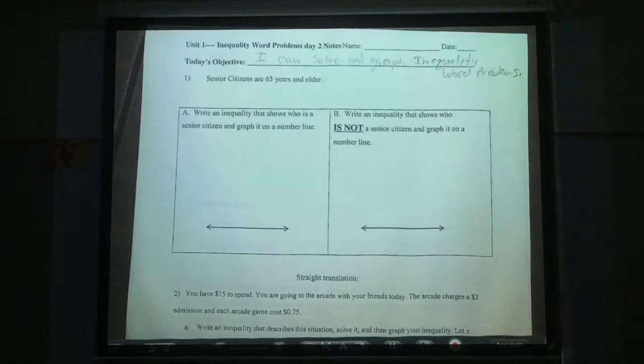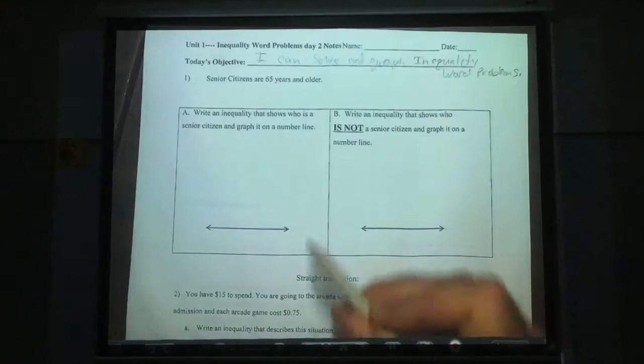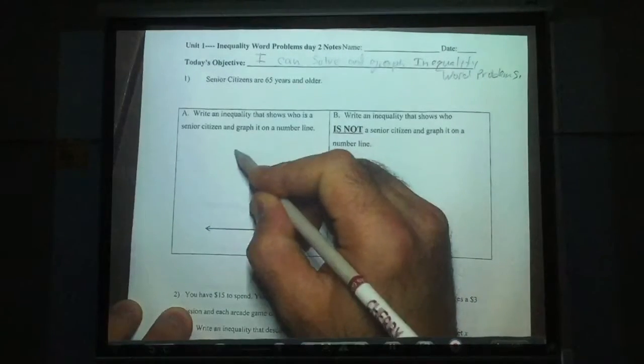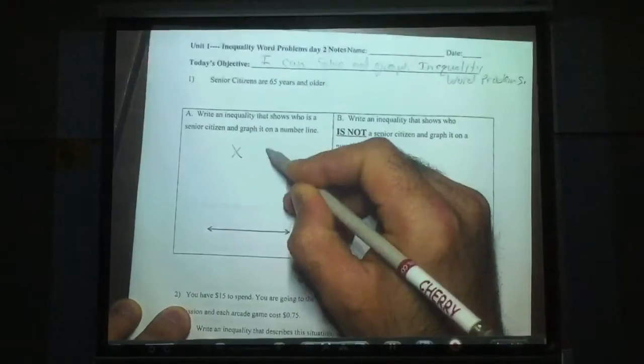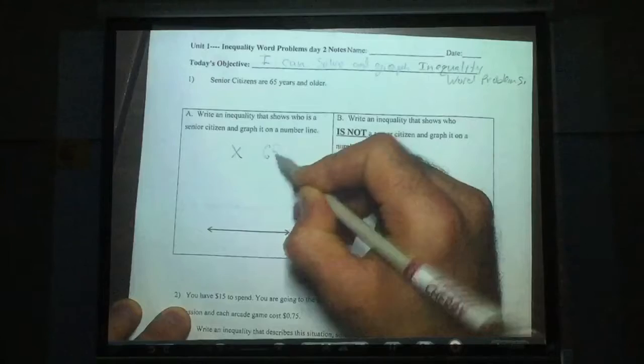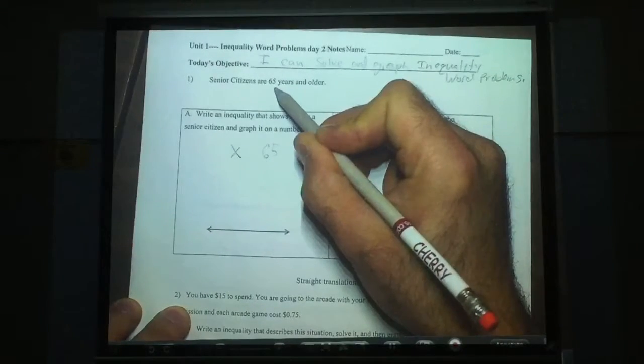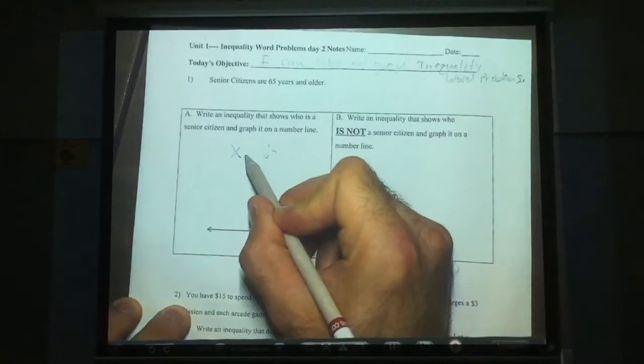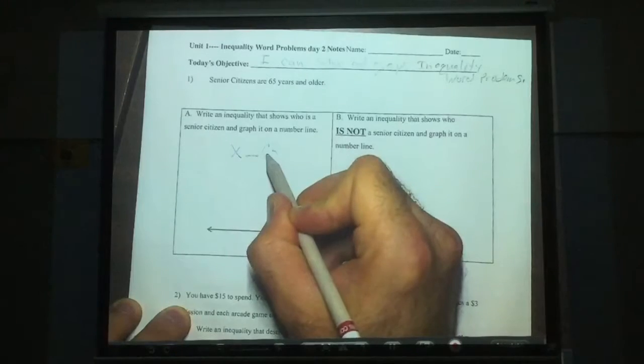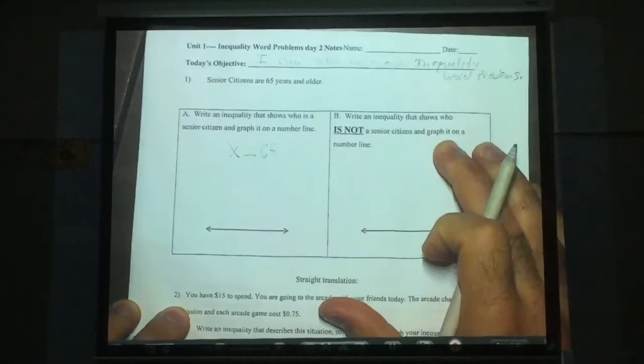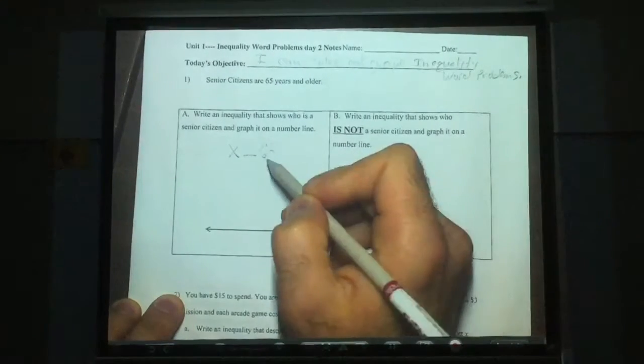All right, guys, so now for part A, someone who is a senior citizen, we know that we're going to be comparing X to the number 65 because someone who is 65 is a senior citizen. We are going to put an or equal to bar here because if you are 65, you are a senior citizen.